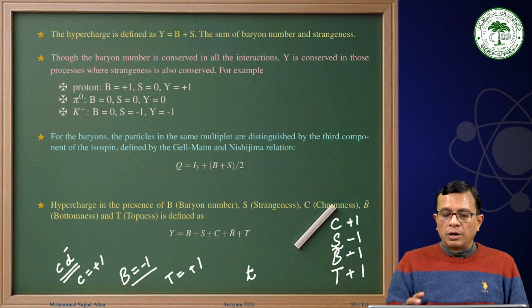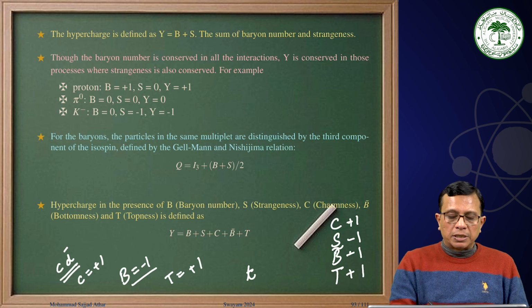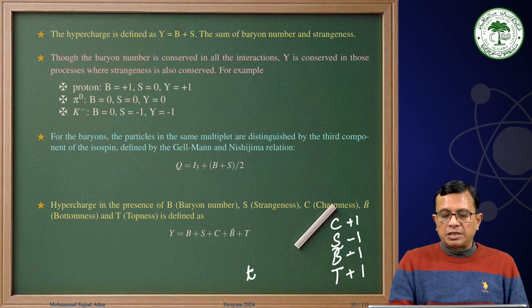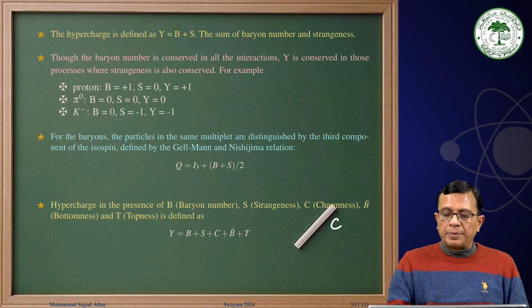Therefore, this is how we assign the hypercharge to the particles which have strangeness, or even charm particles, or which can carry a bottom quark or a top quark.